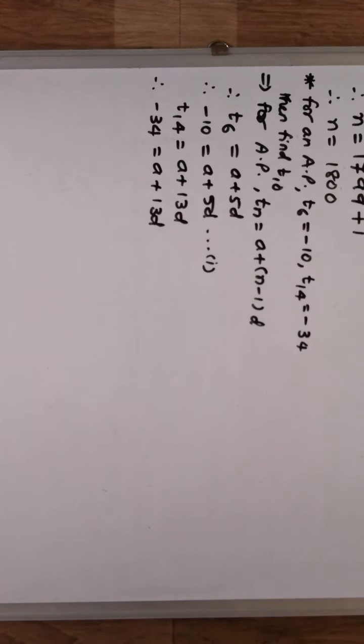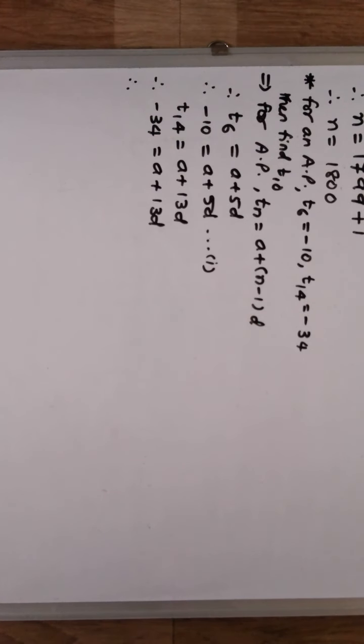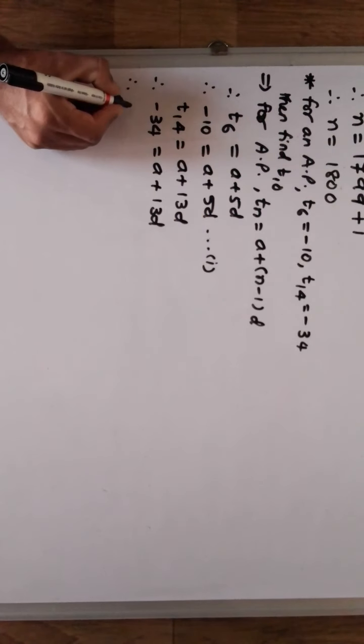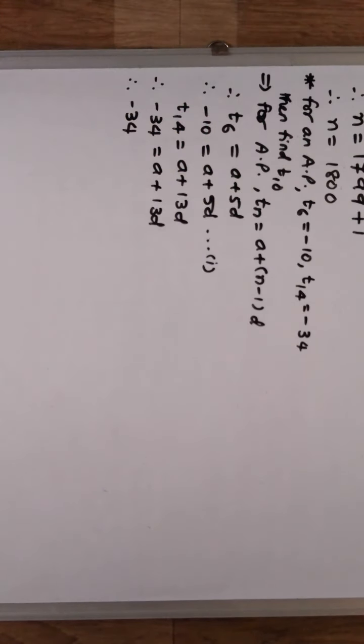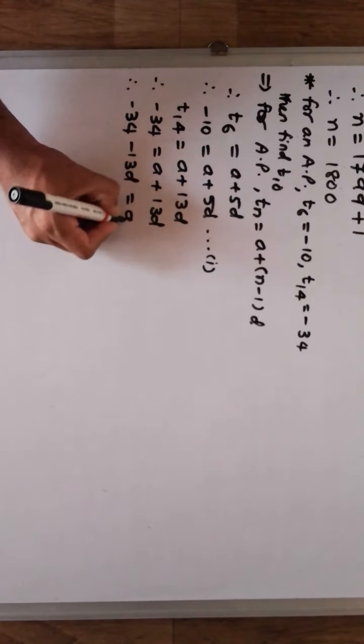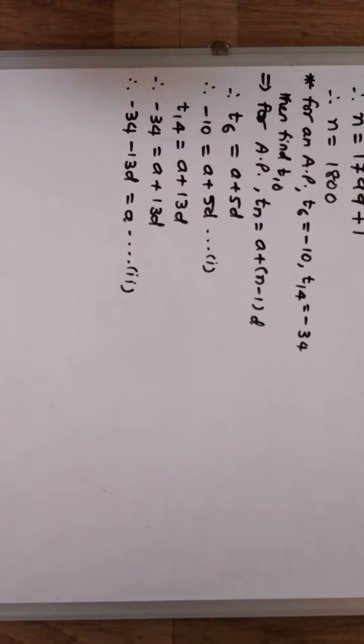So what I will do, I will find the value of A. To find the value of A, I will transfer this plus 13d to the left side. So I get minus 34 minus 13d is the value of A. Means the value of A is minus 34 minus 13d.